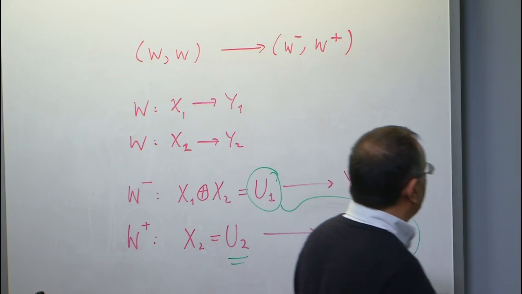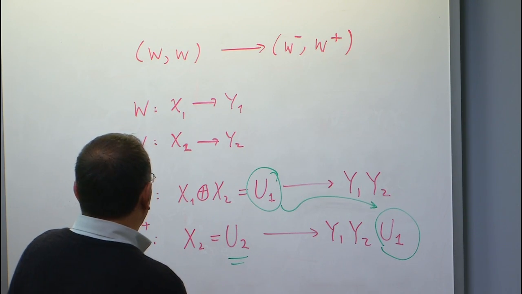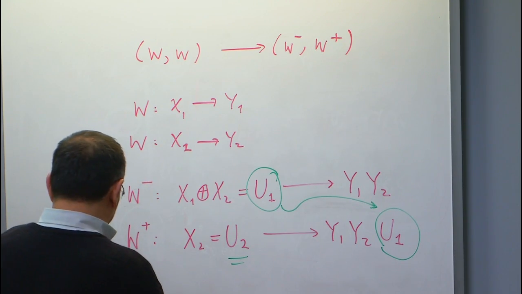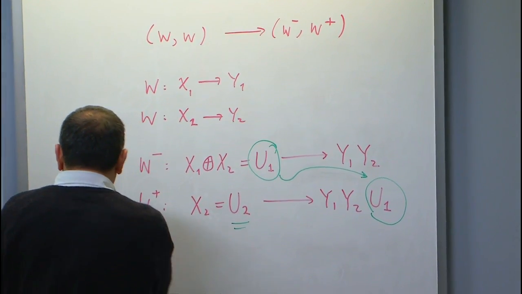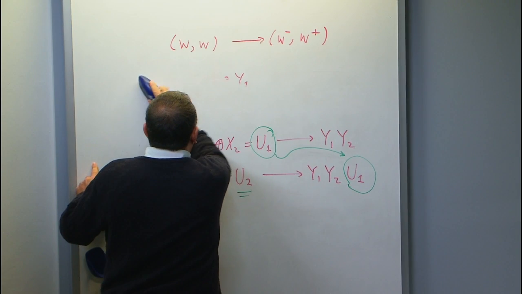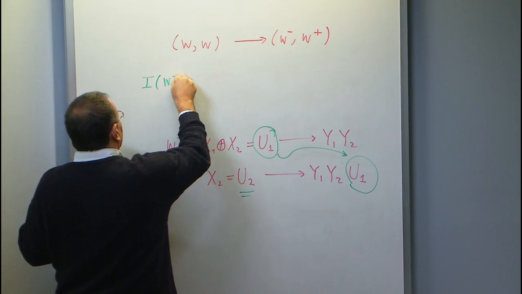Now, let's look at the polarization, the martingale. This martingale arises out of this conservation law.